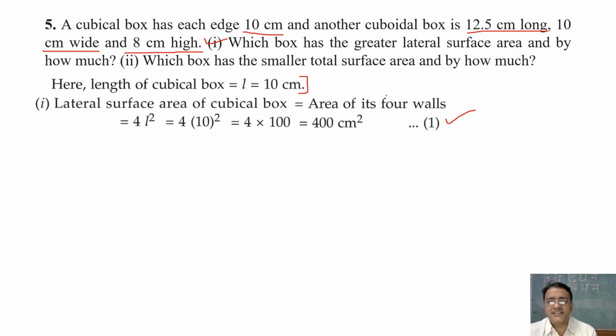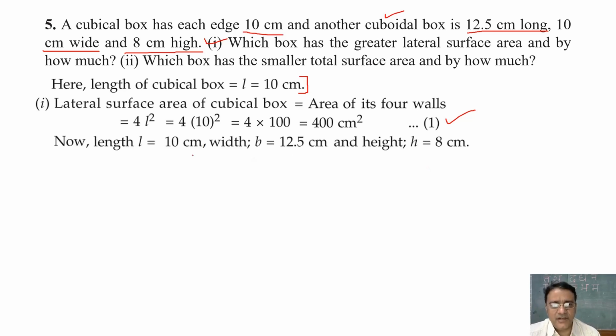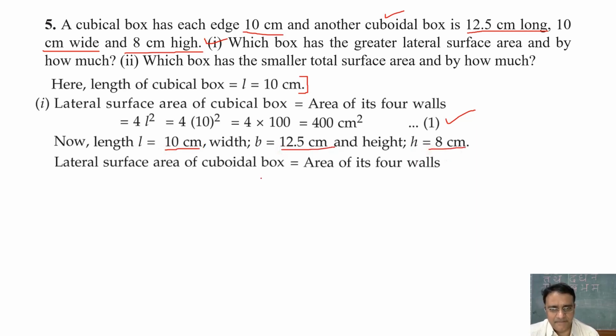Now what is the lateral surface area of cuboidal box? 2 into L plus B into H. Okay, right? So length is given 10 centimeter, breadth is 12.5 centimeter, and height is 8 centimeter. So lateral surface area is nothing but area of 4 walls, that is 2 into L plus B into H. Now 2 into 10 plus 12.5 into 8.